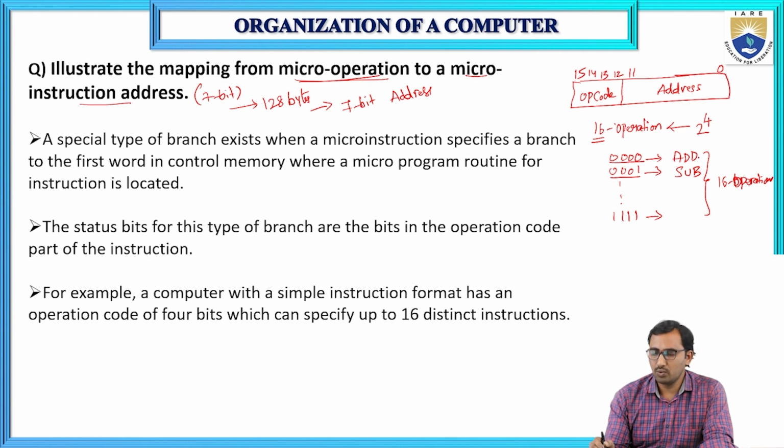In order to perform this addition operation, we will have a program called a micro program. To perform this addition, it has to run a micro program. This micro program is located in the memory called control memory, and the control memory is located in the control unit.